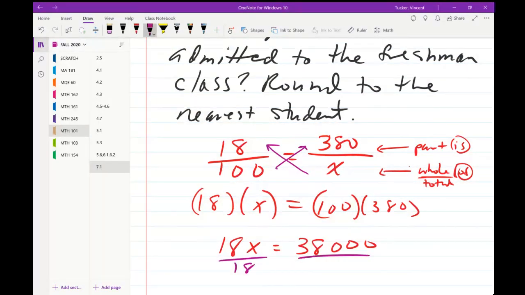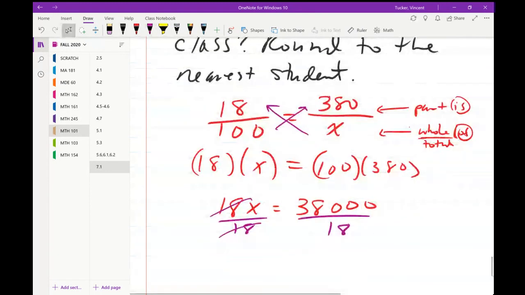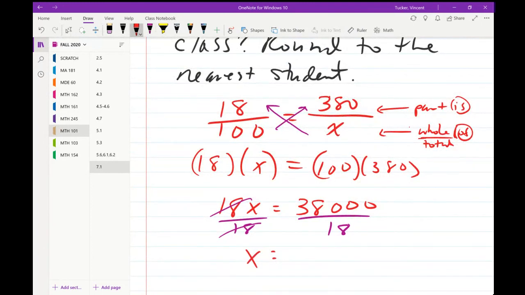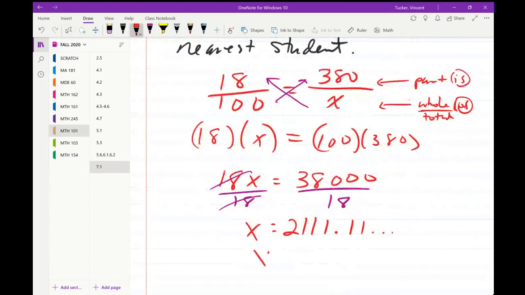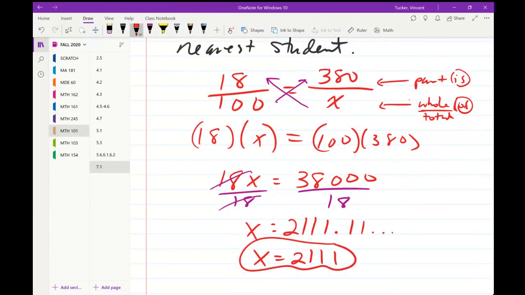Divide by 18. X is equal to 2111.1. And they want us to round to the nearest student. So that'd be 2111.